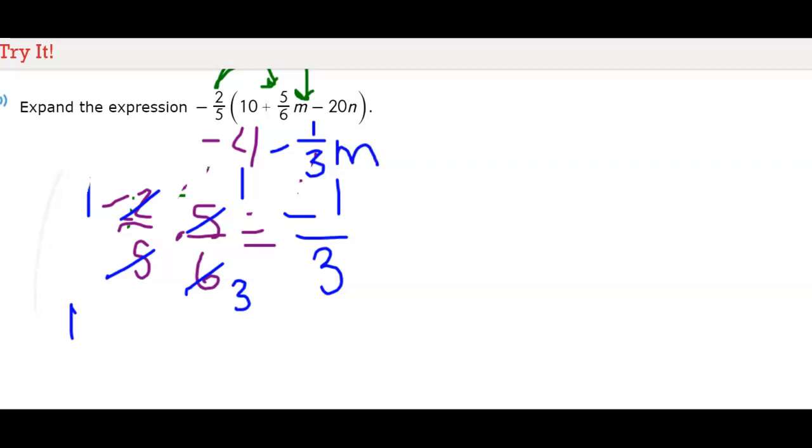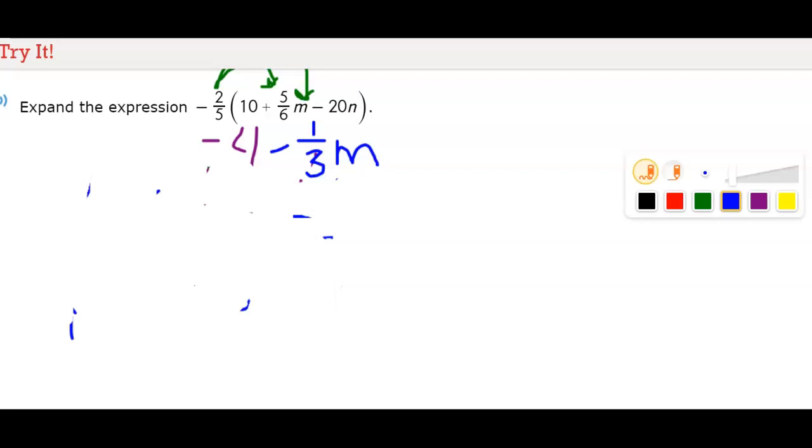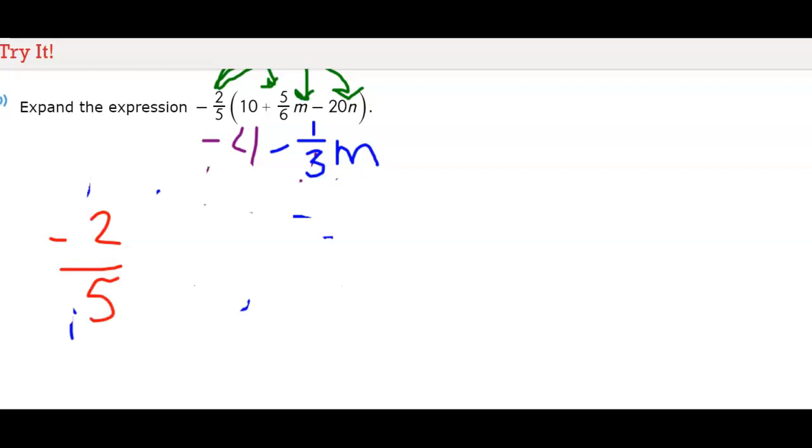And then the last one is going to be negative 2/5 times negative 20 times n, and that is going to be negative 2/5 times negative 20 n, which is 20 over 1.